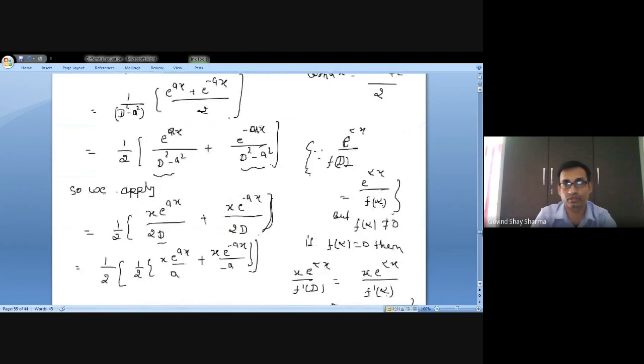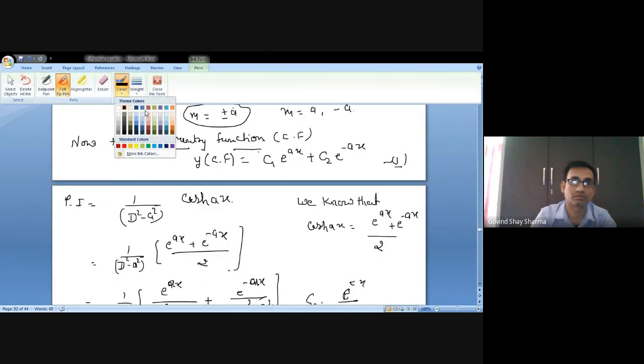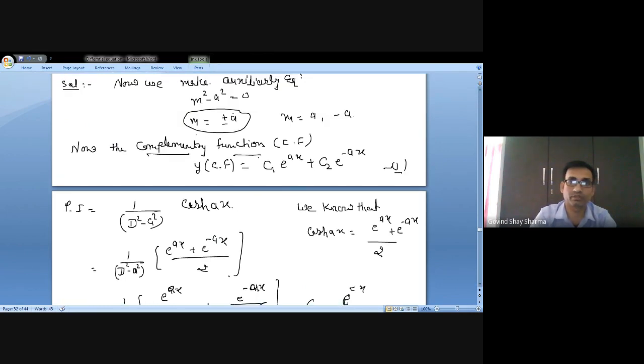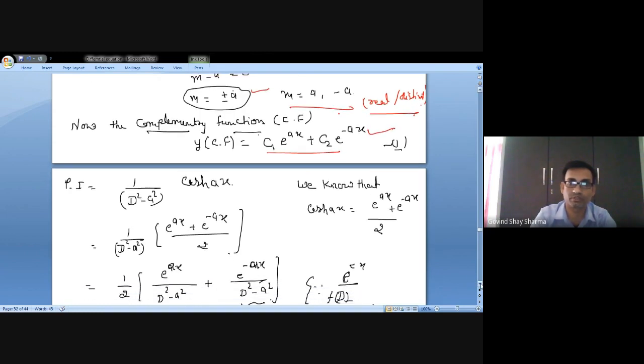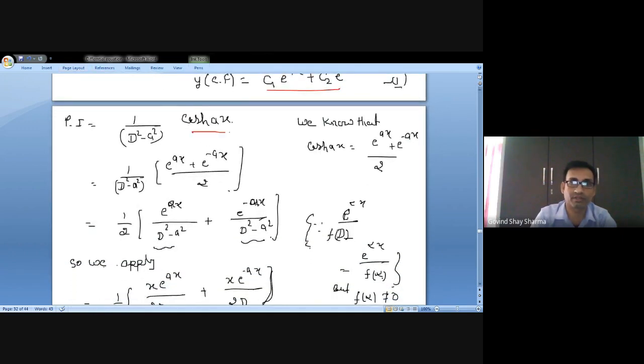I again repeat this one. Let's see. We write the auxiliary equation and find the roots. Then roots are real and distinct. So we write like that. Now y is equal to, and cosh ax we can write this.